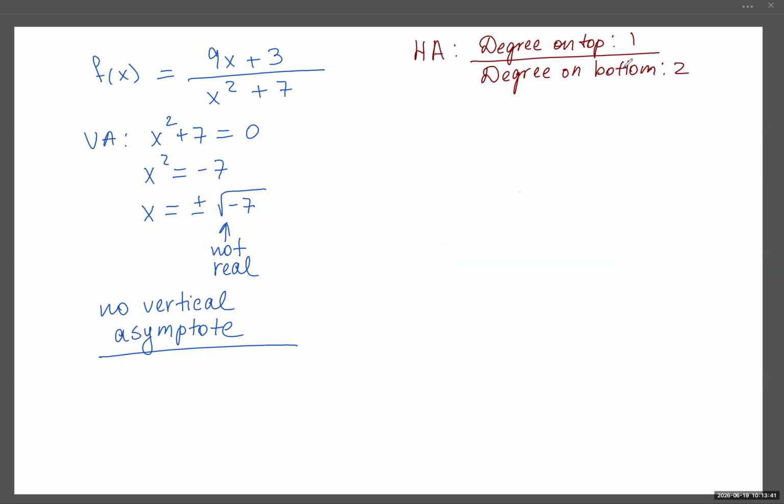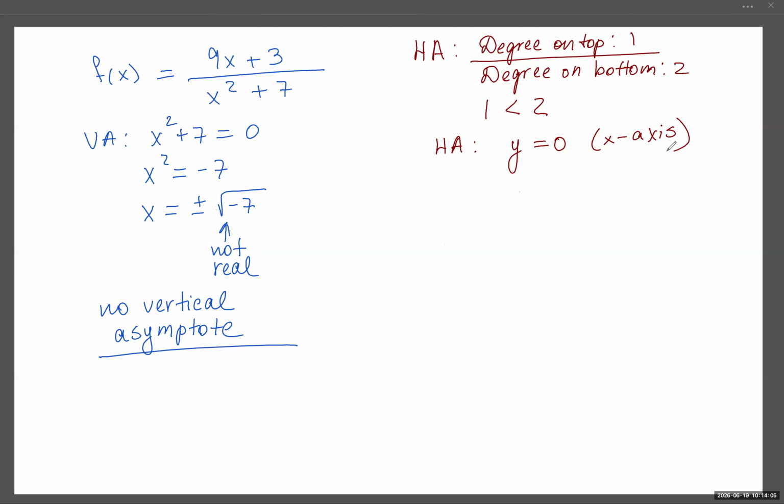So this is the case where the degree on the top is less than the degree on the bottom, which means that the horizontal asymptote will be the line y equals 0. It's also known as the x-axis, but we usually write it in the y equals 0 format.